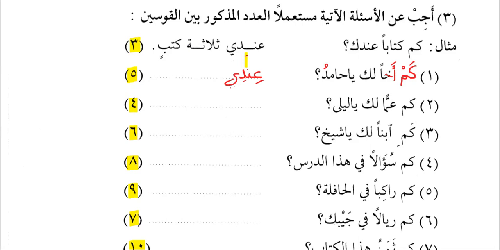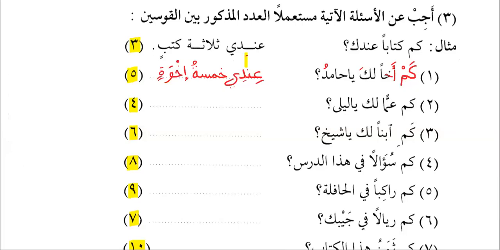No, let's go to Qasim. كم أخا لك يا حامد؟ So how many brothers do you have, Hamid? عندي خمسة إخوة. نعم. جميل. عندي خمسة إخوة. I have 5 brothers. Okay.